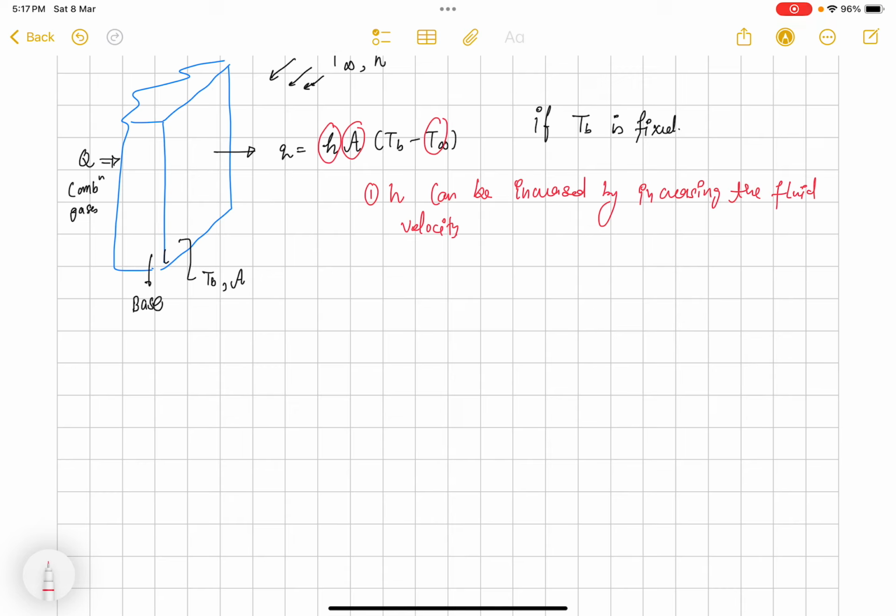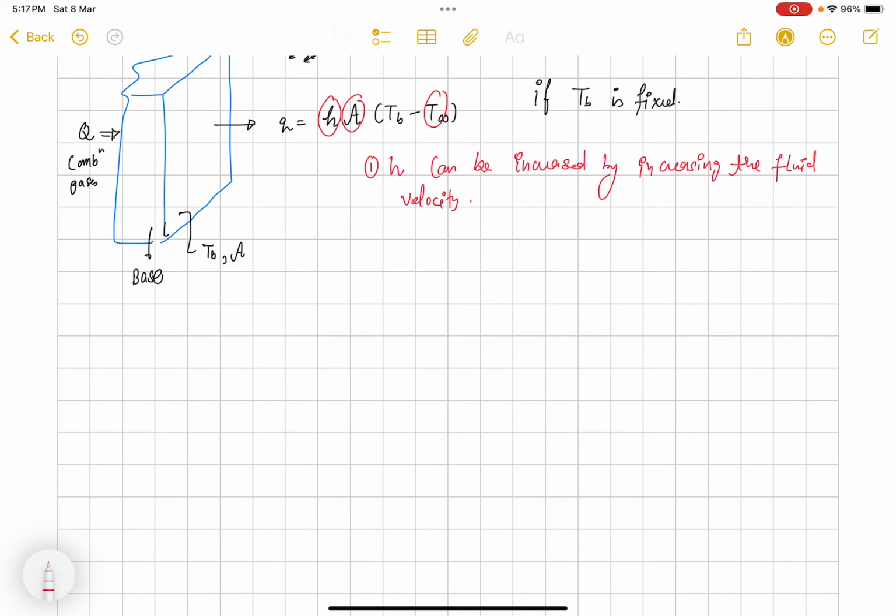But that may not be possible all the time, right? Because when we are increasing the fluid velocity and fluid motion, we have to pay some cost. We have to expend energy, right?